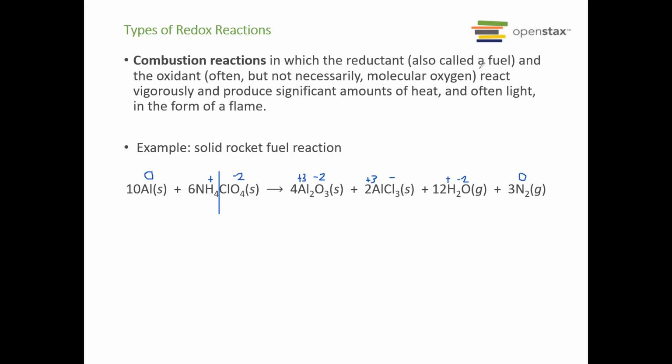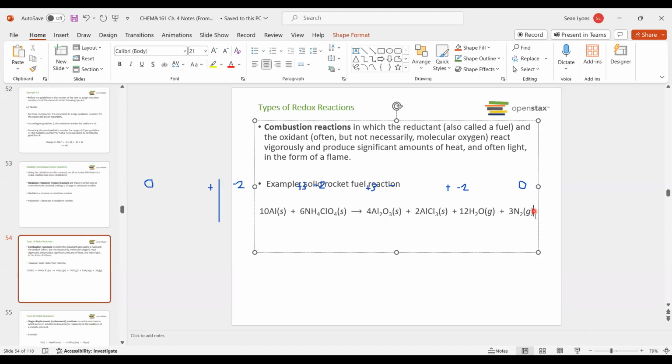So for the NH4 plus ammonium, that first piece of it has to add up to +1 just because ammonium is going to be positive.